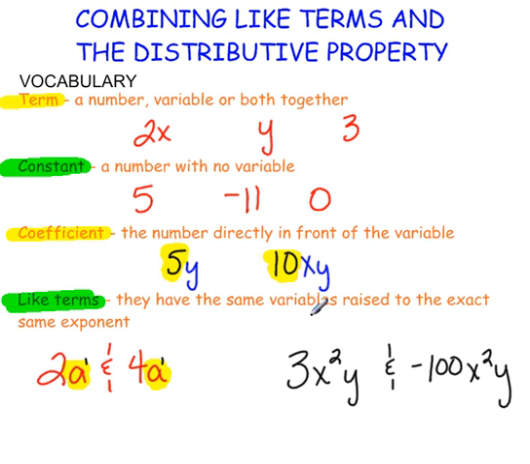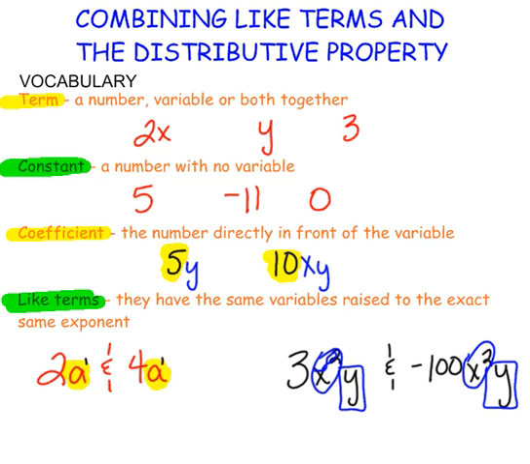It said that the variables had to be the same and they had to have the same exact exponent. So check this out. We have x raised to the second here, and we have x raised to the second. That matches. We also have a y in each of these terms.